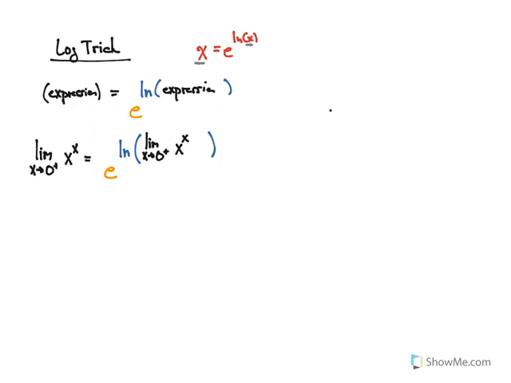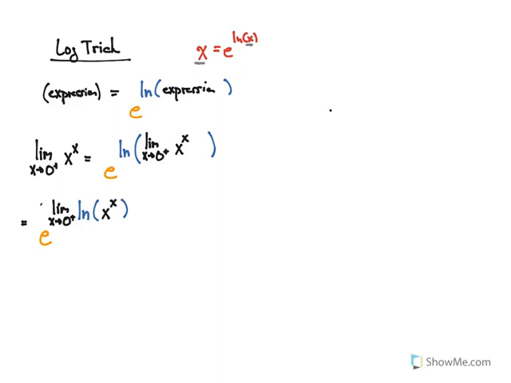And the only other real detail here, the reason why people may not want to do this is because it's going to look more complicated. And the thing that we can do is we can bring the limit out in front of everything and write this as e to the natural log of, in fact, I don't even want to bring it out that front, sorry. I'm going to write this as e to the limit as x approaches 0 from the positive direction of the natural log of x to the x.